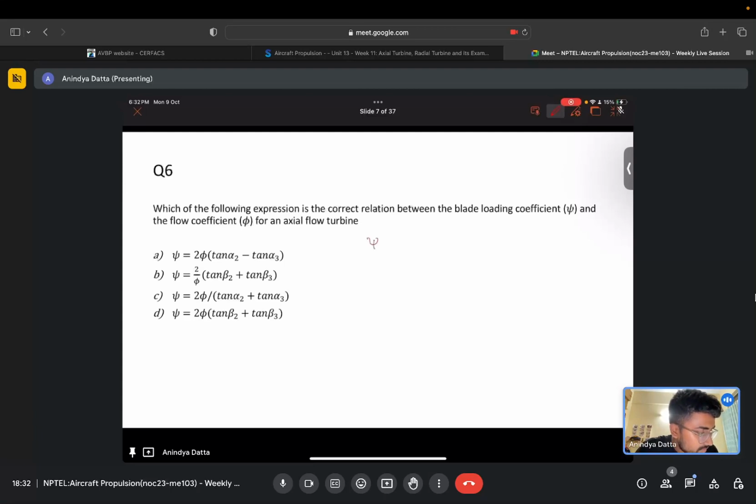The blade loading coefficient xi is equal to the specific work divided by half u square. So that is the definition for blade loading coefficient. Generally we use u2 square, but since for a turbine u2 is equal to u1 is equal to u3, that is u square.